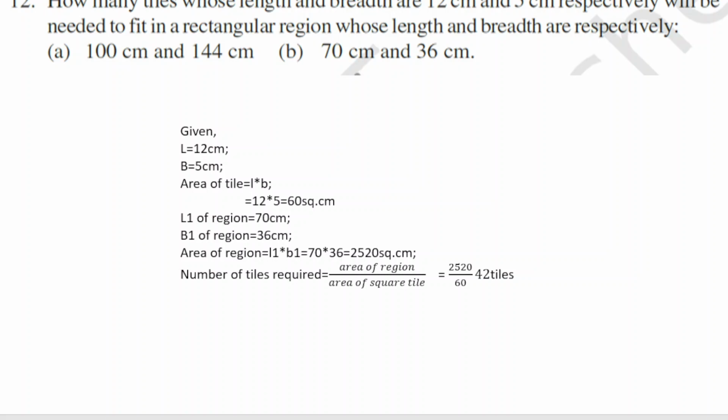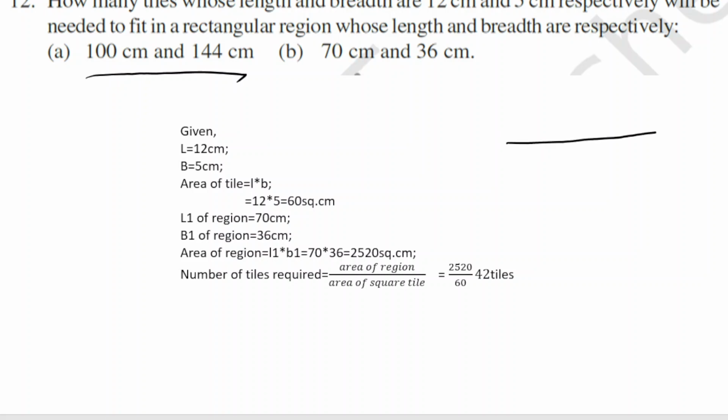Coming to the next one, how many tiles whose length and breadth are 12 centimeters and 5 centimeters respectively will be needed to fit in a rectangular region whose length and breadth are respectively 100 centimeters and 144 centimeters.